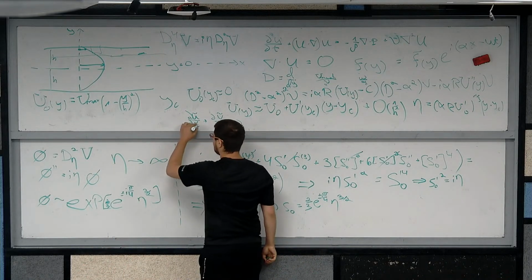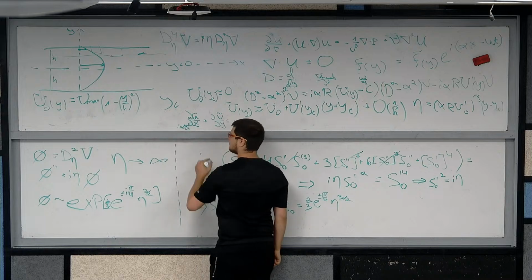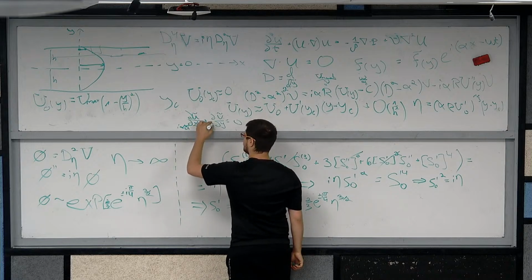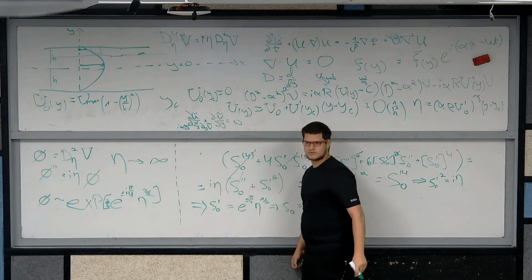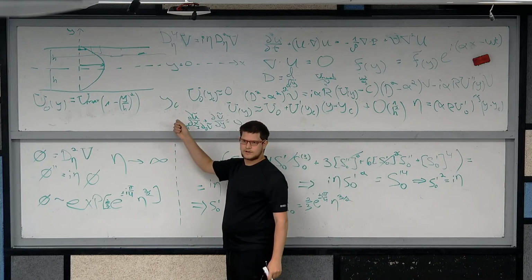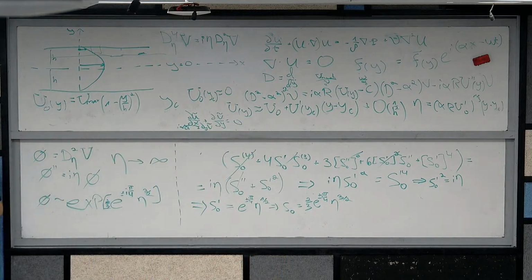So it will be just i alpha u tilde plus the derivative in y of v tilde that we know, right? And from that you just divide by i alpha and you get u. So that's it. I think that is a good place to stop.